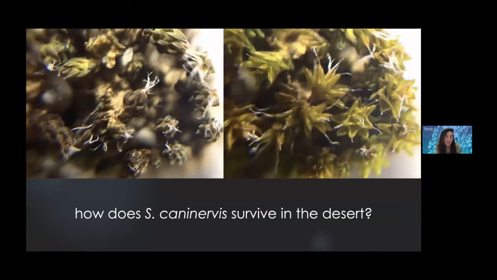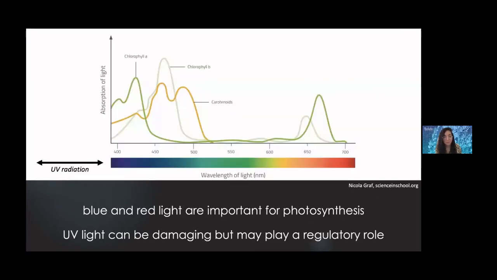How does it survive? We know it has this amazing desiccation tolerance, but it's still alive even while it's dry, and still gets hit with sun in the desert. And I know from spending just a few hours in the desert sun that it's really powerful and damaging. And so I wanted to focus on that for my research.